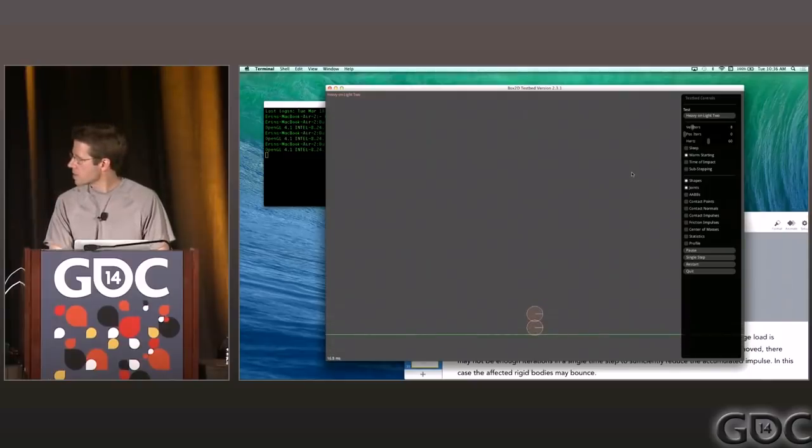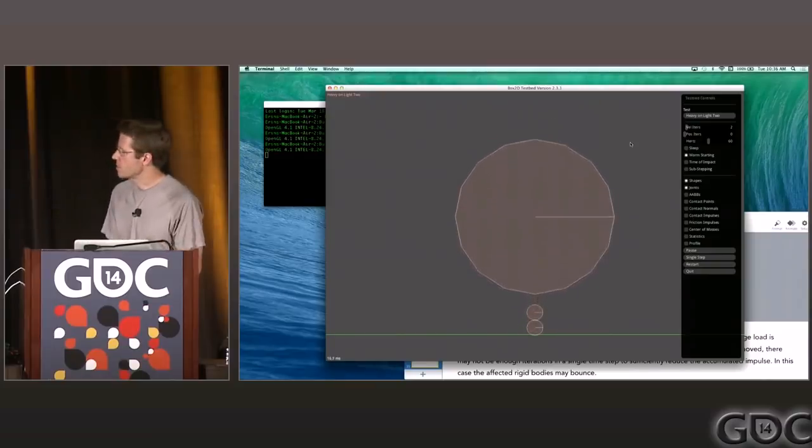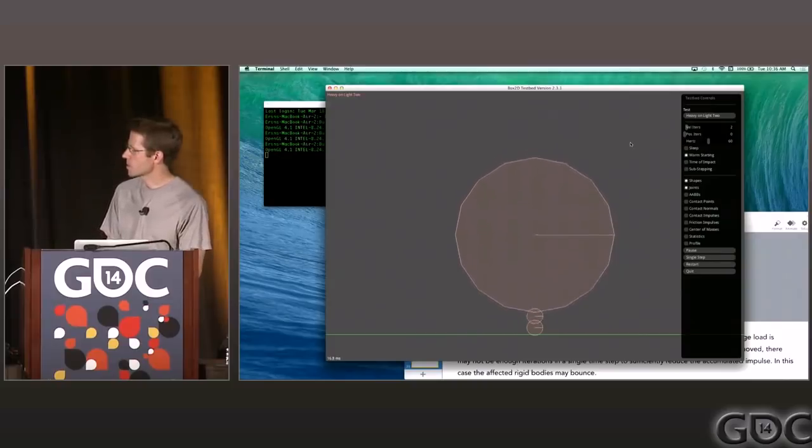So here I got two little circles, and I'm going to go down to just 2 iterations on the velocity constraints. All right. So now I got this heavy circle on top of these 2 little circles.